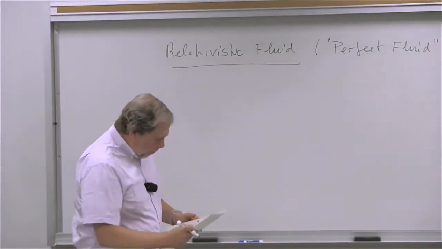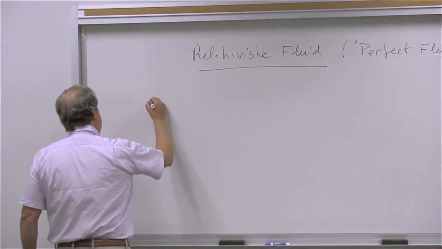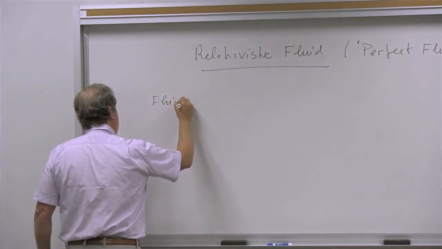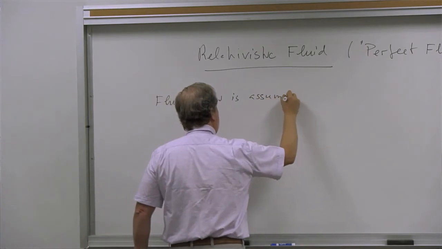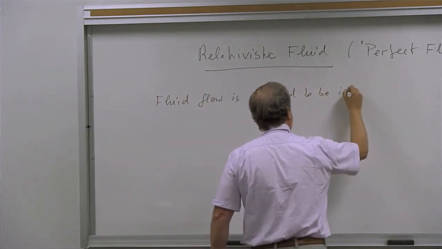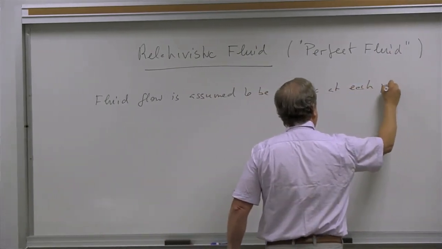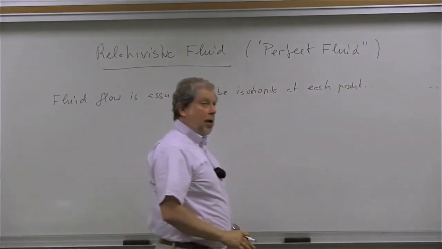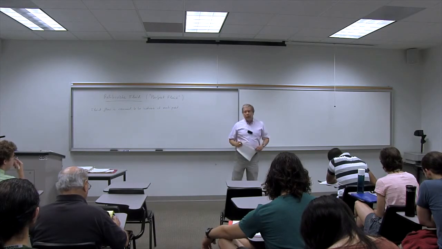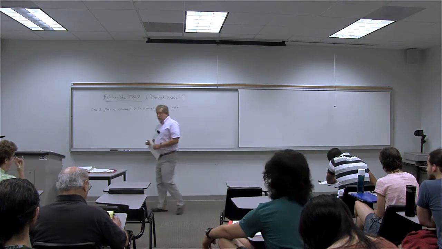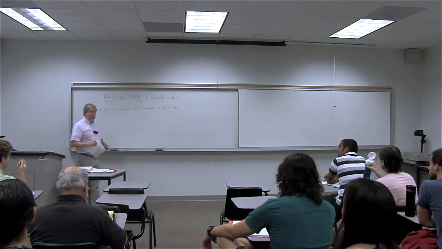Well, it is one where the fluid flow is assumed to be isotropic at each point. That applies well to a number of fluids like water, but certainly also to the behavior of the universe, which is of course made out of particles, but when you have many particles we can describe it by some sort of fluid.